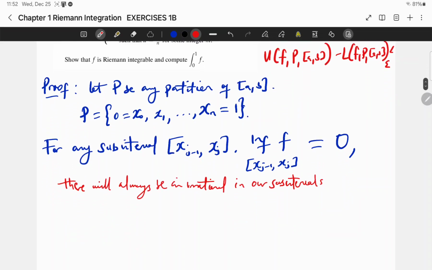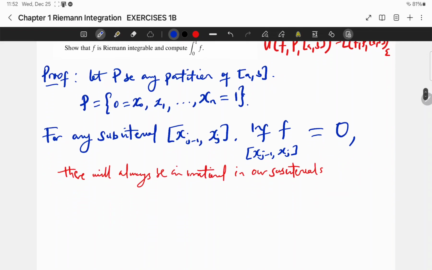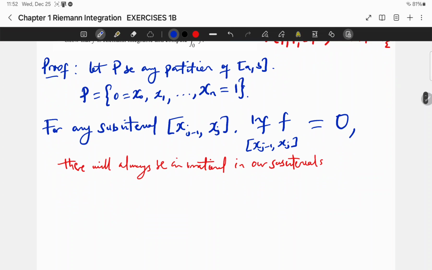So no matter the sub-interval you pick, there will surely be an irrational number, and that will be the infimum of f over the sub-interval, equal to 0. So then, if that is the case, the lower Riemann sum of the partition, regardless of the length of the sub-interval or the mesh size, will always be 0.